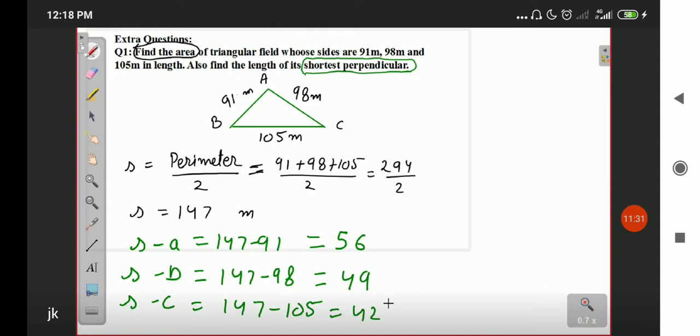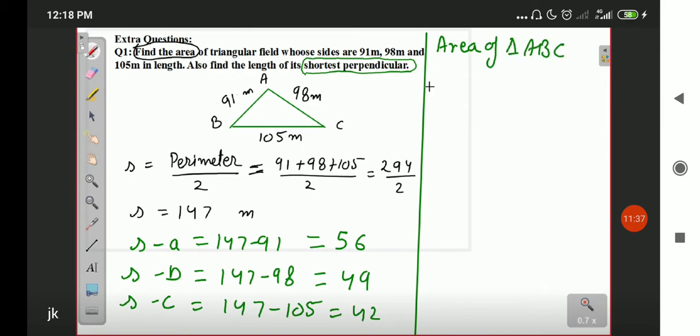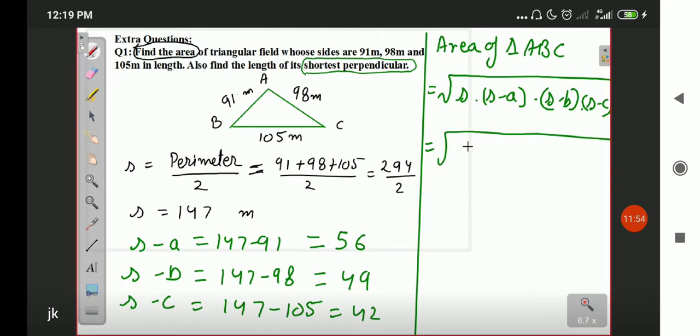So, area of triangle ABC, as you might have learned by now, is the square root of S into S minus A into S minus B into S minus C. Putting in the values, this is 147 into 56 into 49 into 42.